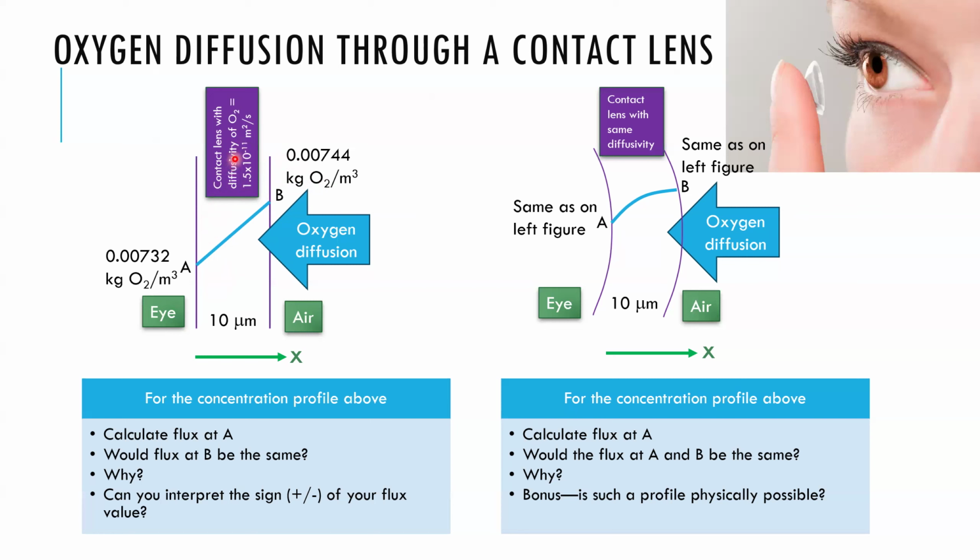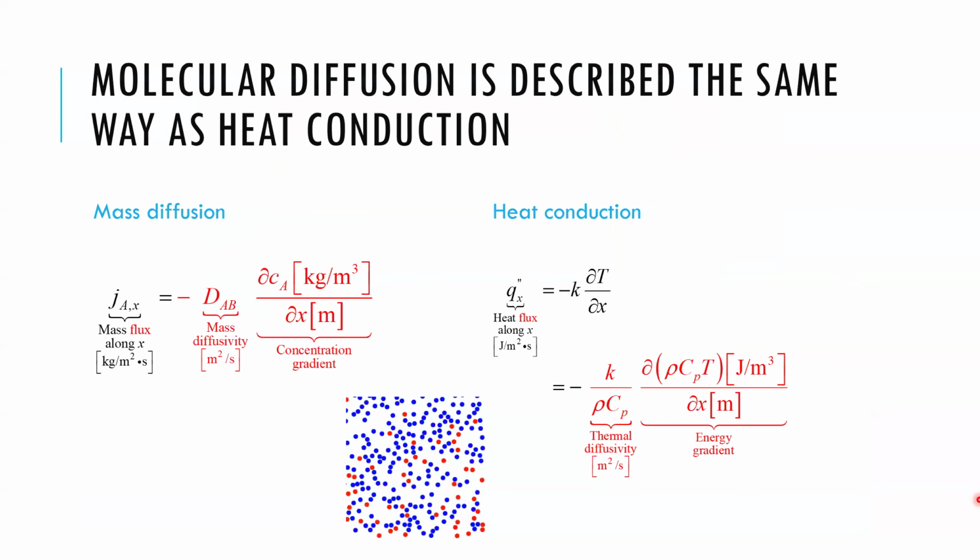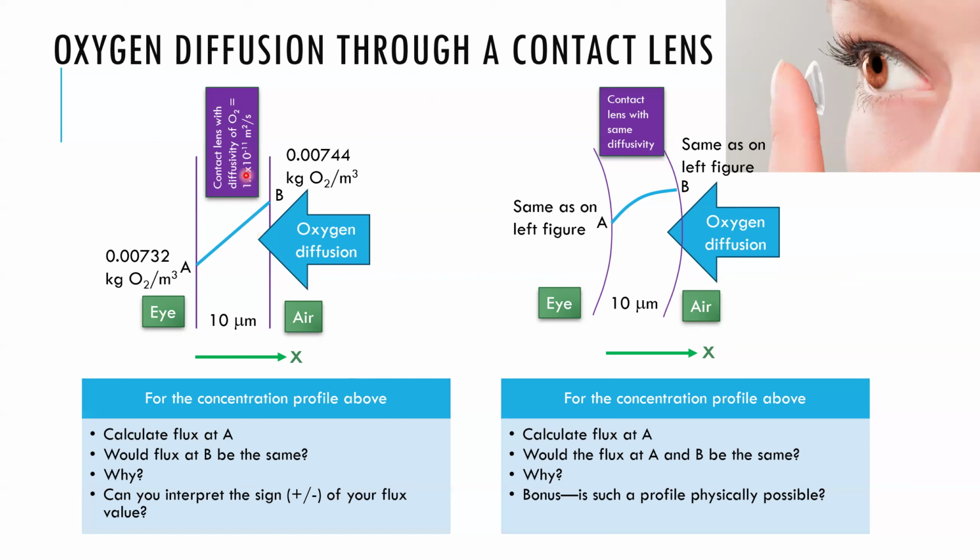If we follow that AB that we just did in the previous slide, here A is oxygen and B is the contact lens, and your DAB is given in meters square per second.